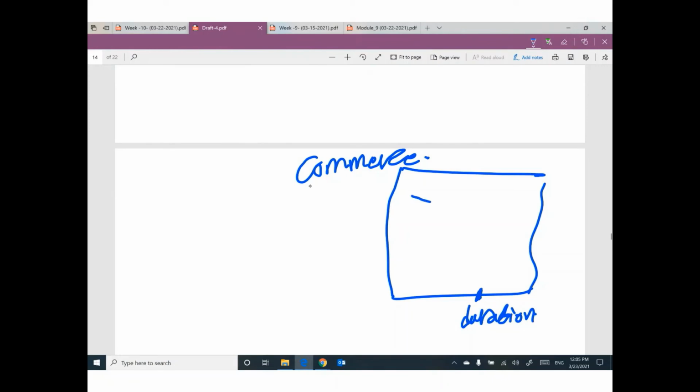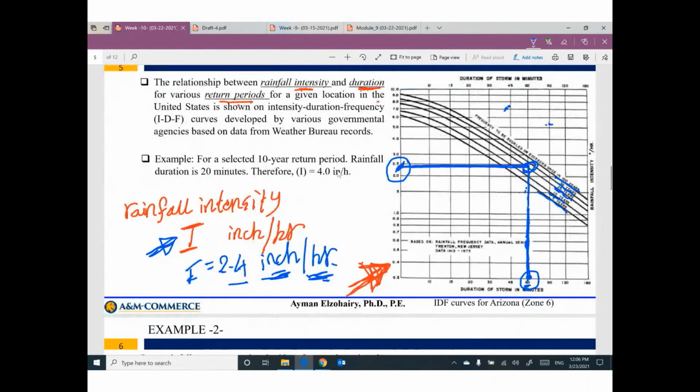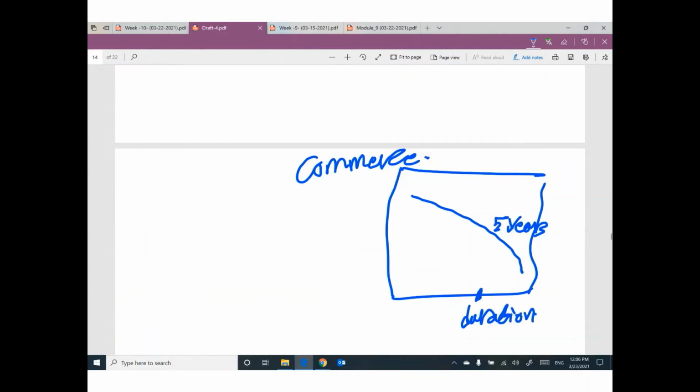And what is the return period? This rainfall will be repeated every 5 years or every 1 year. That's fine. We have here 5 years. Sometimes we have 1 year based on the city. I will go up, then I will go horizontally to figure out the intensity, because this intensity next week will be used to figure out the discharge from the rainfall.